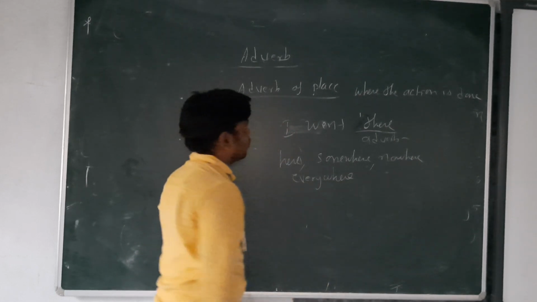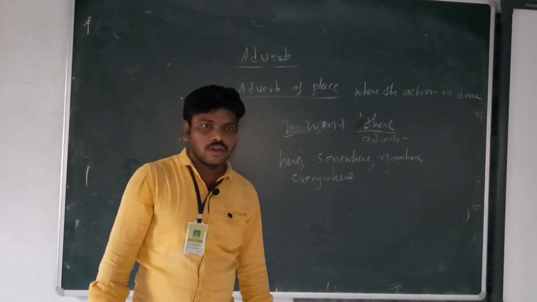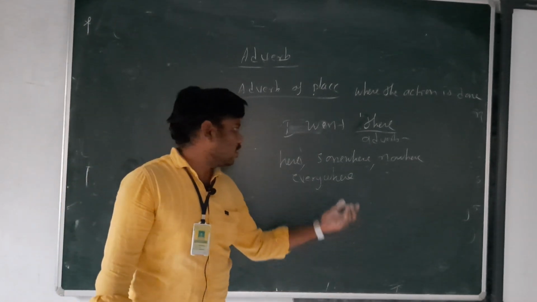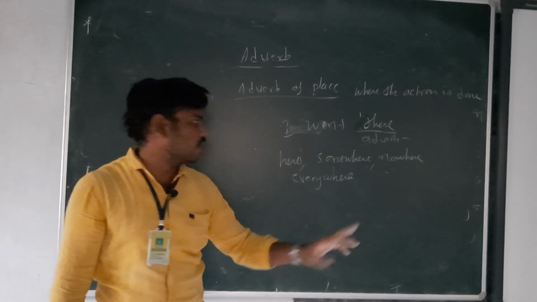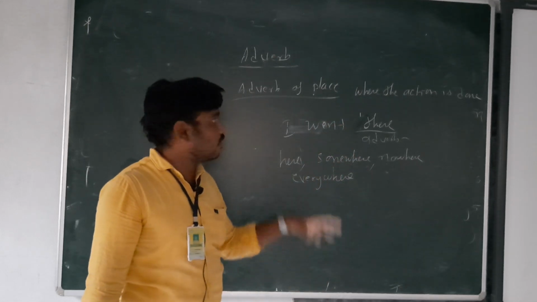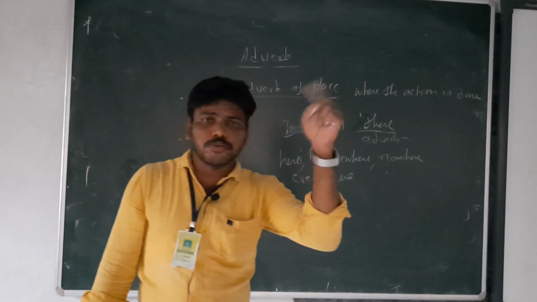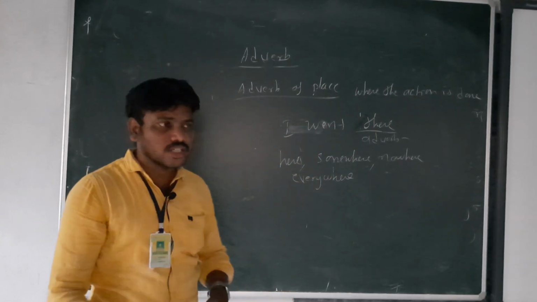These are the examples of adverb of place, where the action is done. He committed suicide somewhere. So it is called adverb of place, where the action is done. Adverb of time, when the action is done. Adverb of place, where the action is done.